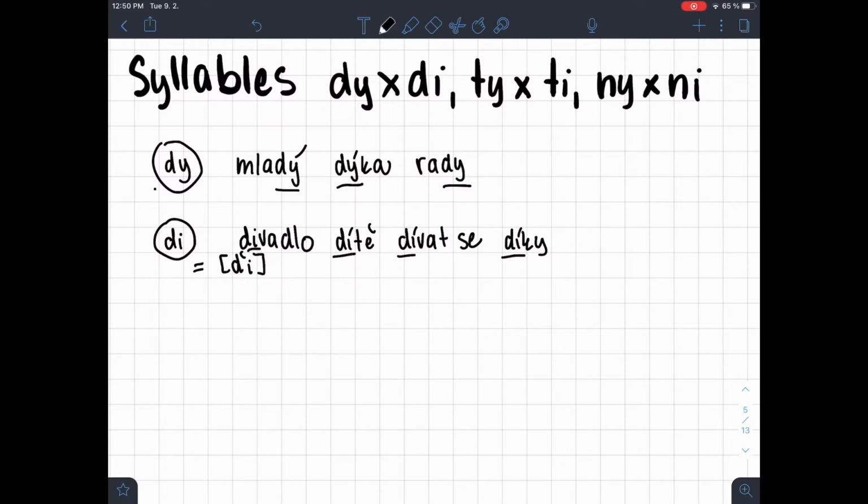So again, we see D and I, but the pronunciation of the D is ď, ďi. Divadlo, dítě, dívat se, díky.